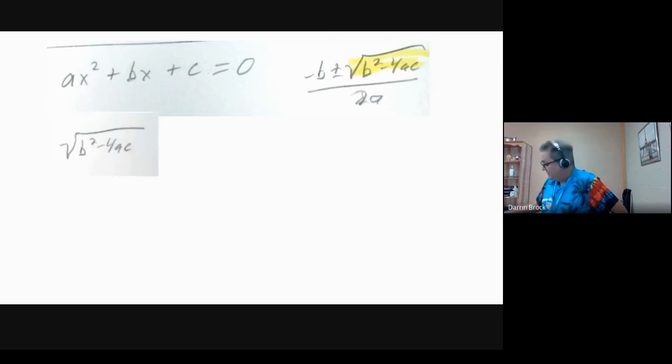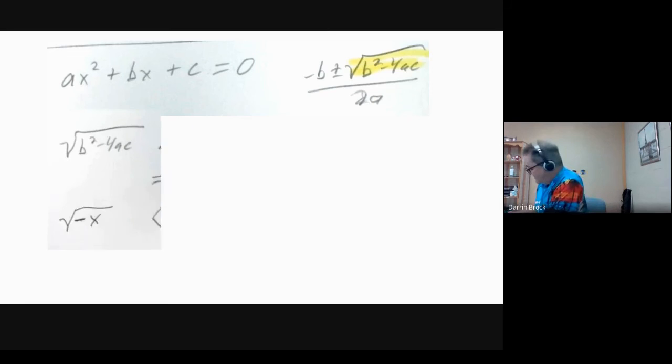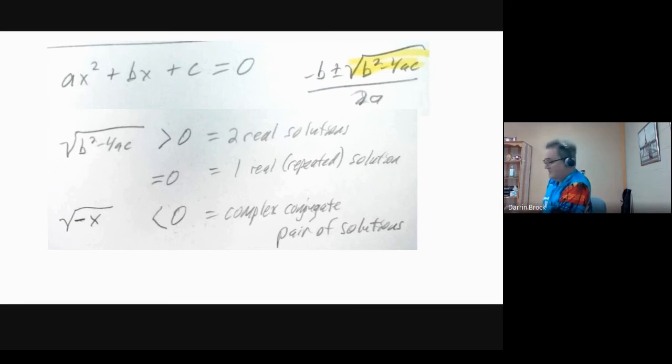When you put the a, b, and c in there and solve that, if this is greater than 0, there are two real solutions. If this is equal to 0, then there is one real, repeated solution.